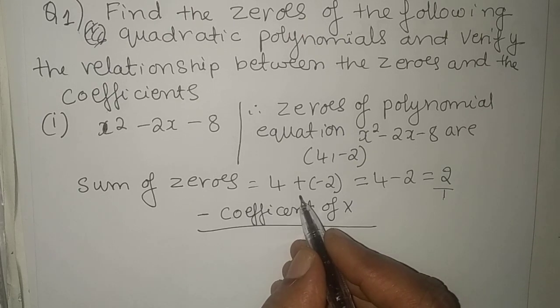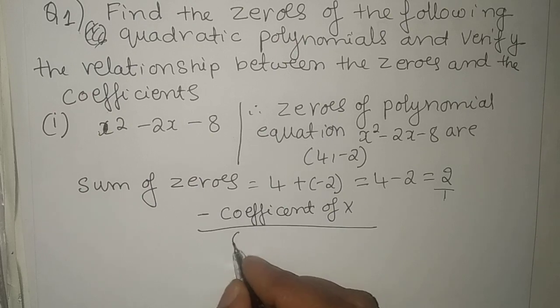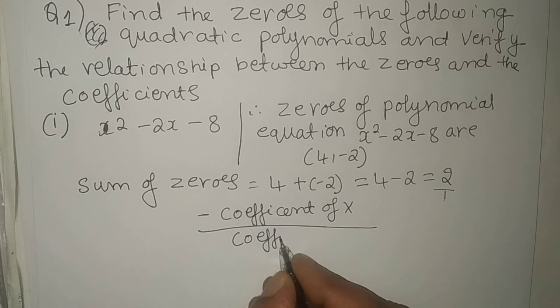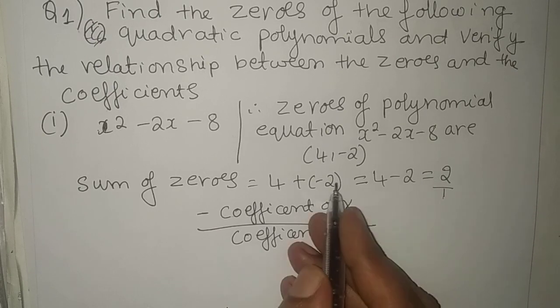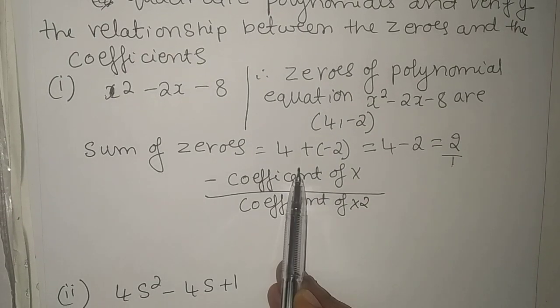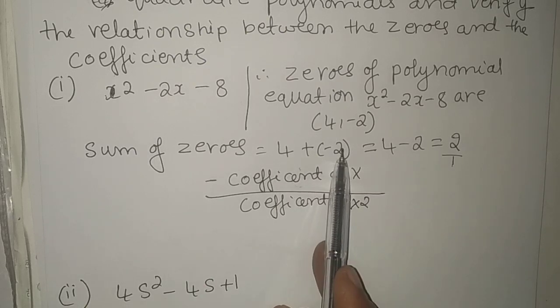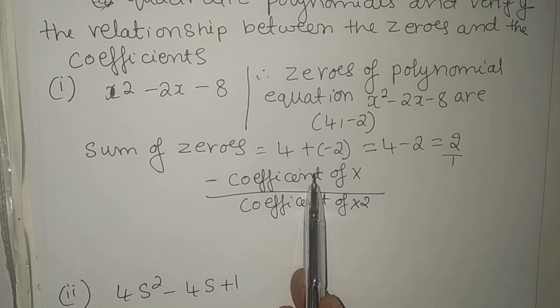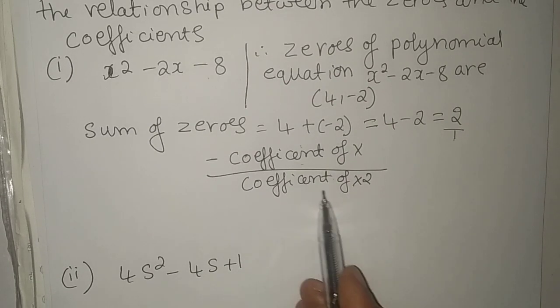So what is 1 here in the expression? That is the coefficient of x square. So coefficient of x square. This is the correct way, but I had written the formula first, then solved. First we get the answer for the sum of the zeros, then we write it in this form. So this is correct.